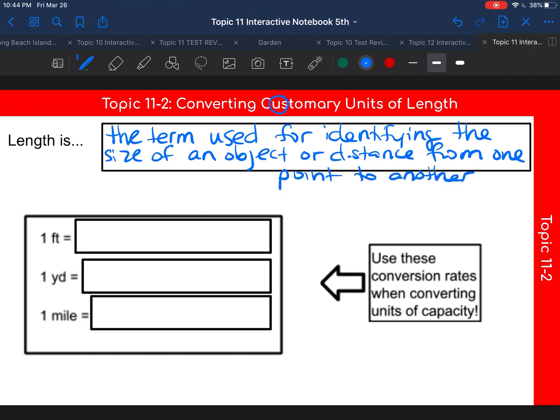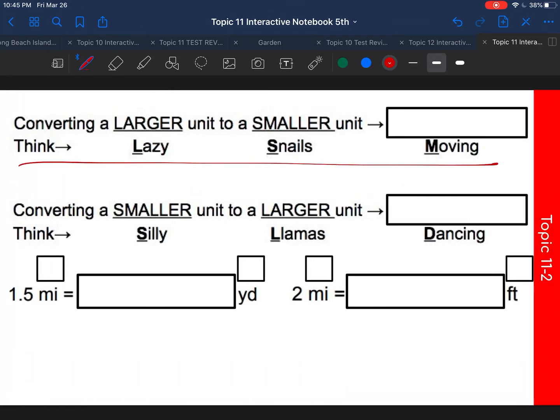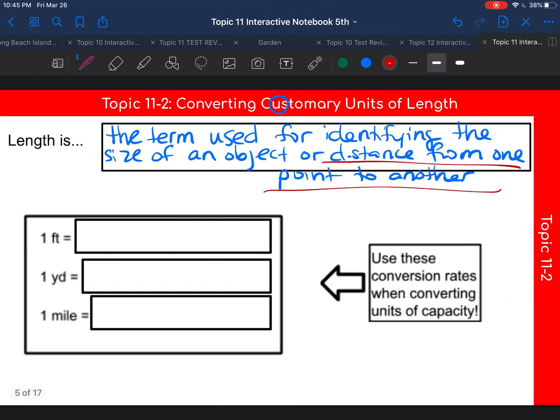Okay, so that second part is what we're really going to be referring to, distance from one point to another, how long something is. And just like yesterday, we're going to be using the mnemonic devices, lazy snails moving, silly llamas dancing. But before we can even start with that, we need to go over some of these conversion rates. Let's see if you know any of these.